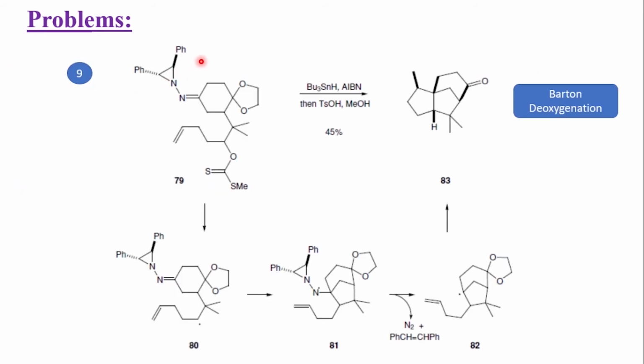In this problem, the strategy given here is a radical initiator. This radical and AIBN will abstract this proton to create a new tributyl tin radical. This is a difficult reaction to understand. We have to approach the strategy here. By approaching the strategy, we can find out the product easily. So let's look at the mechanism.